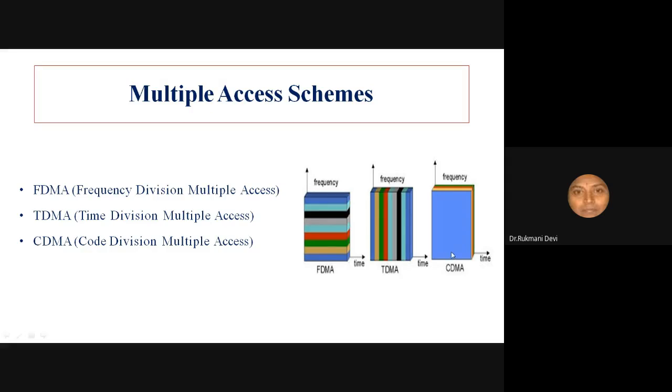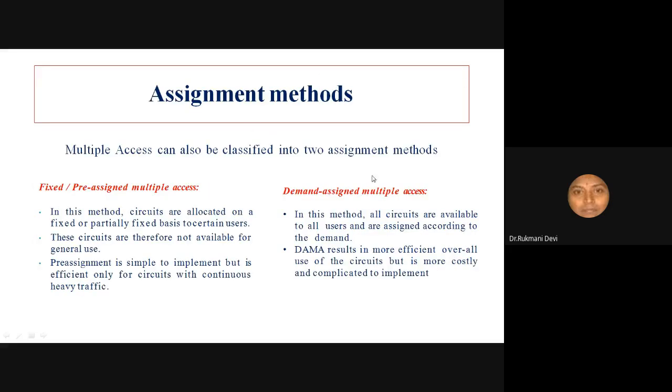So that is called multiple access. Then assignment methods. Multiple access can also be classified into two assignment methods. One is fixed or pre-assigned multiple access. The other one is demand assigned multiple access.